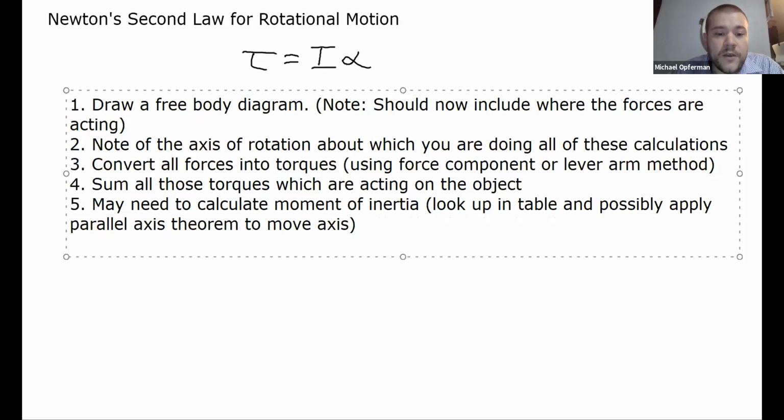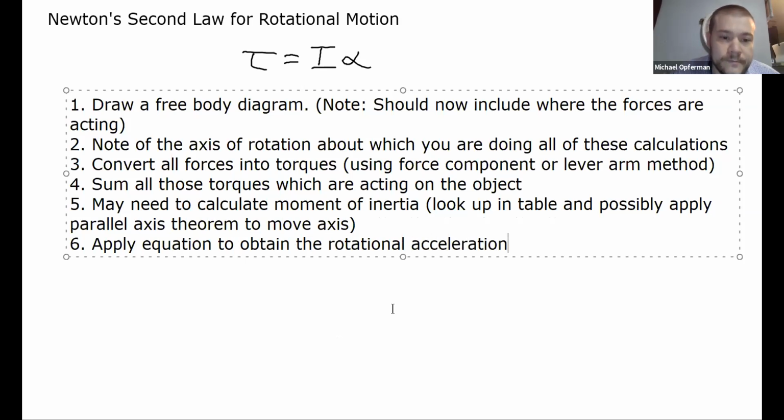Now you've got your tau, you've got your I, then finally you can apply this equation to obtain the rotational acceleration, the angular acceleration alpha.